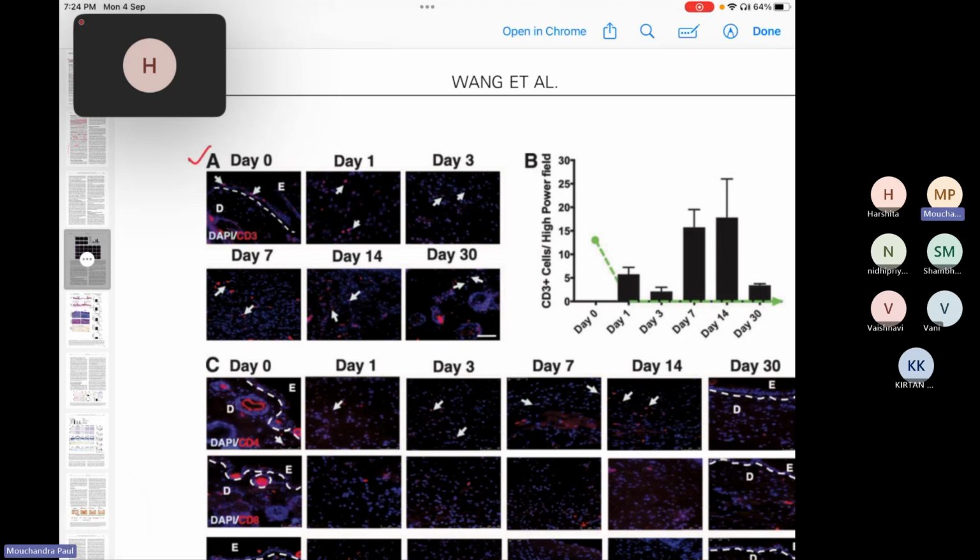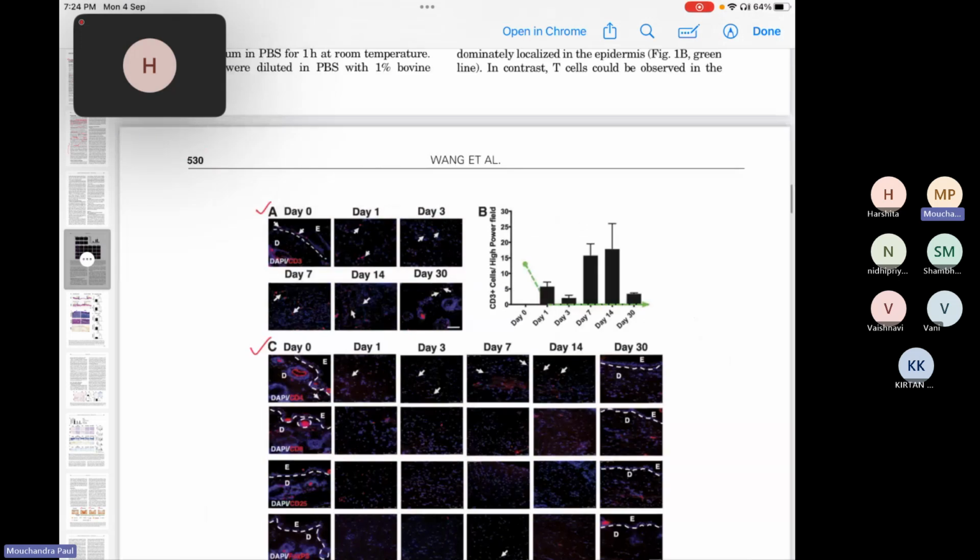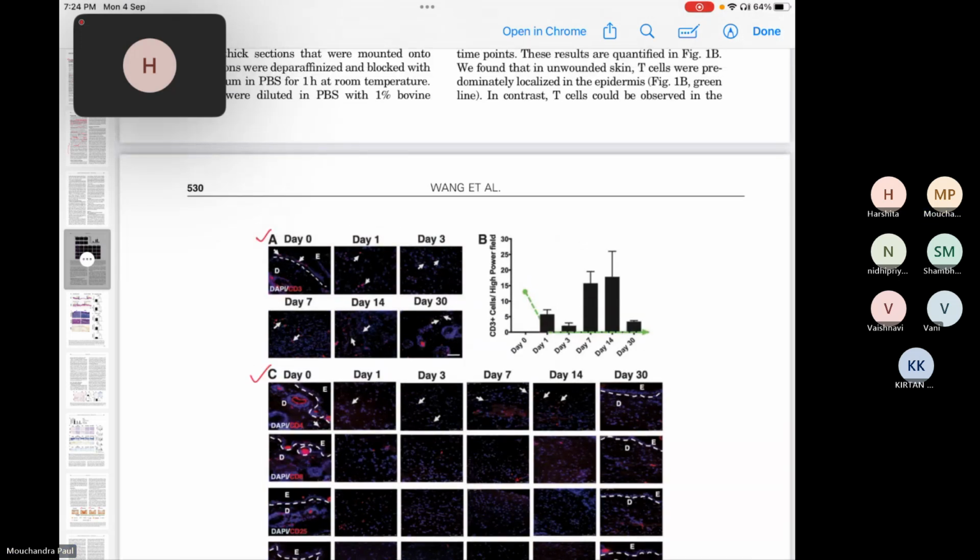These images are taken through immunofluorescence, meaning they use antibodies which can conjugate with the receptors on the cell. These antibodies are themselves conjugated with a fluorescent dye. When you observe under a fluorescent microscope or a confocal fluorescent microscope, you can observe where the cells are located. That is the immunofluorescence study they have done.